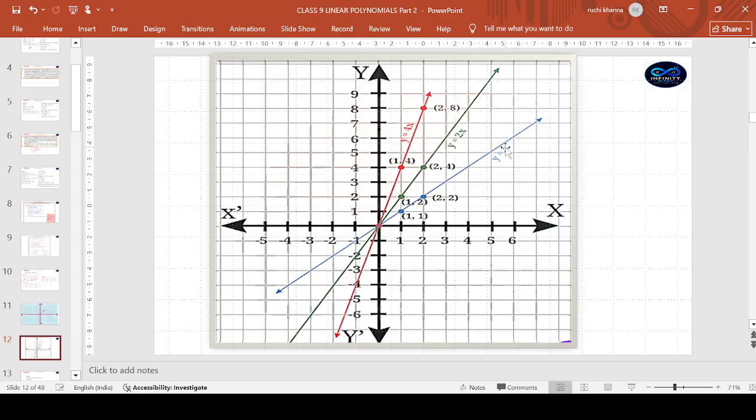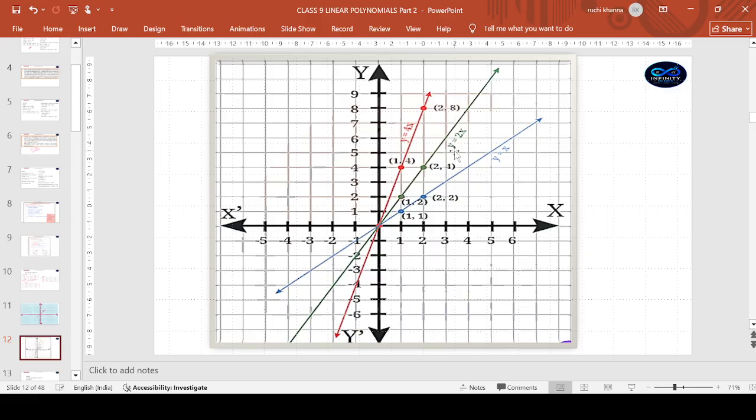After all, y equals x is 1x. 1x, 2x, 4x. I'm basically trying to say, had there been a 3x line, it would have come between 2x and 4x. Greater than 2x, less than 4x. Had there been y equals 5x, it would come far beyond 4x. So as per the value, the steepness will be there.